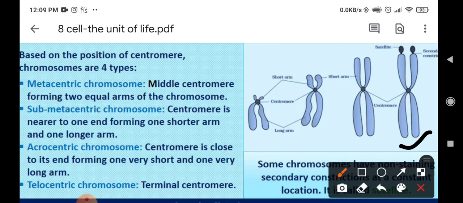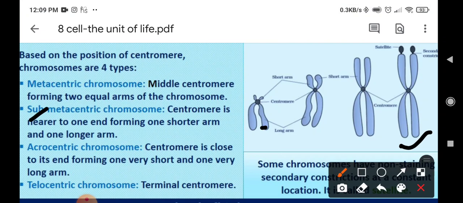If the centromere is not in the center but a little bit away from it, then it is known as a submetacentric chromosome.